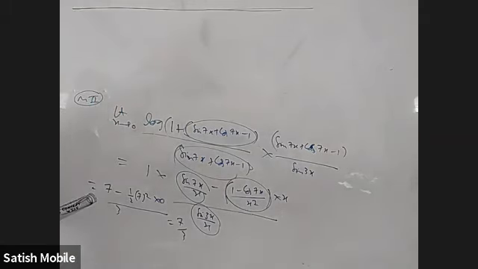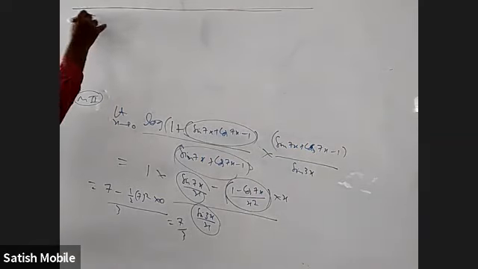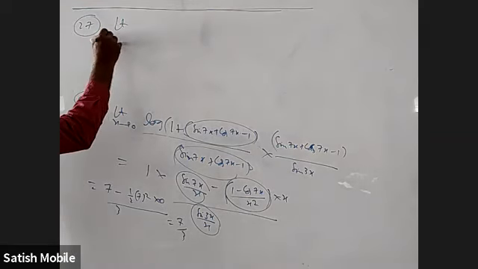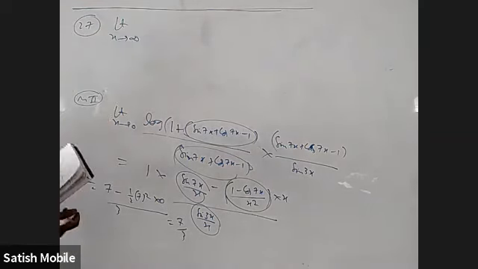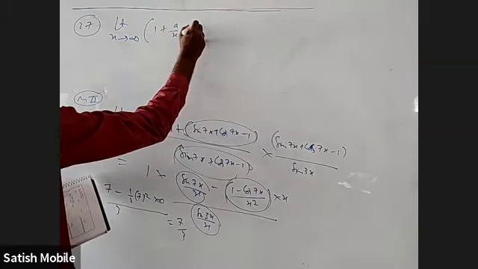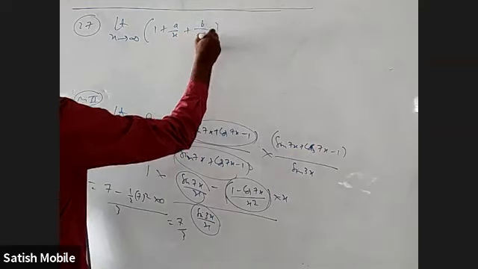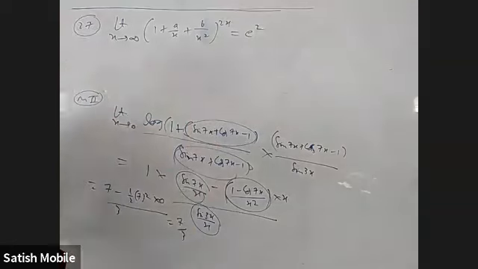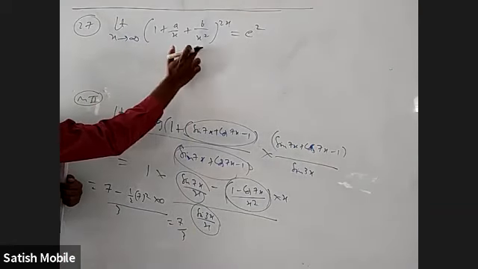Okay, where are we now? This is 24. Okay, 27. Limit x tends to infinity, 1 plus a by x plus b by x square whole power 2x is equal to e square. When x is becoming infinity, this is becoming 0, this is becoming 0.